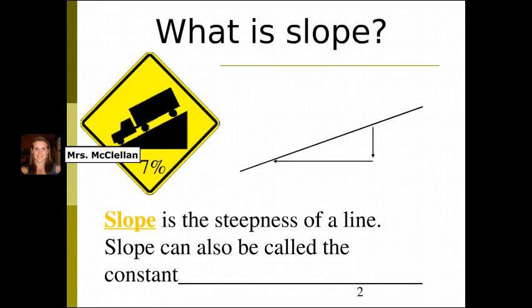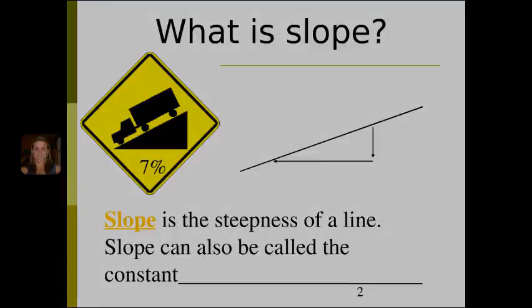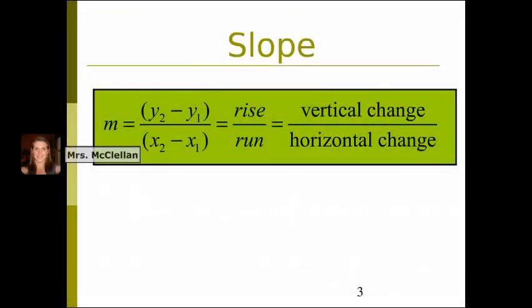Slope is the steepness of a line. Slope can also be called constant rate of change. Slope is m equals y2 minus y1 over x2 minus x1.